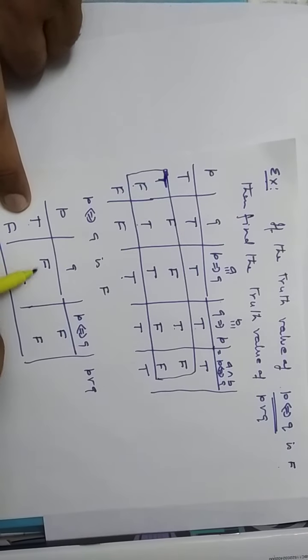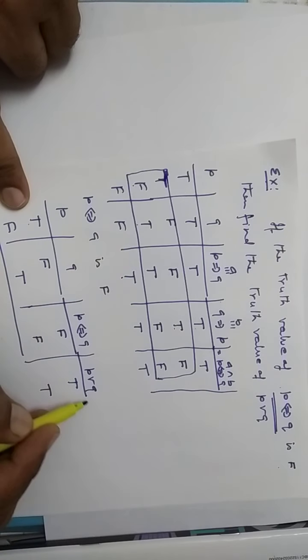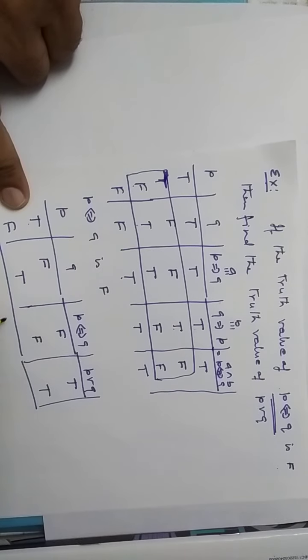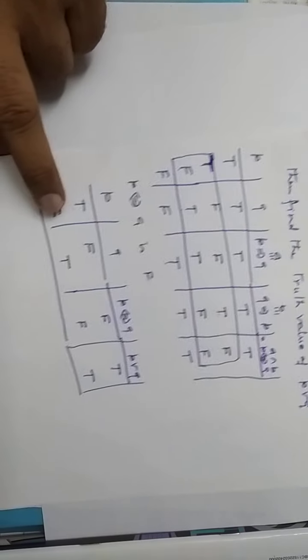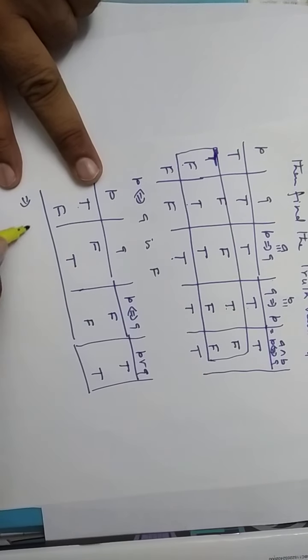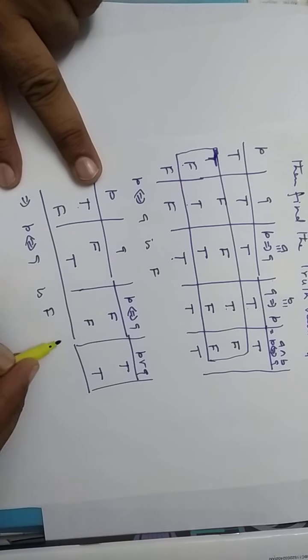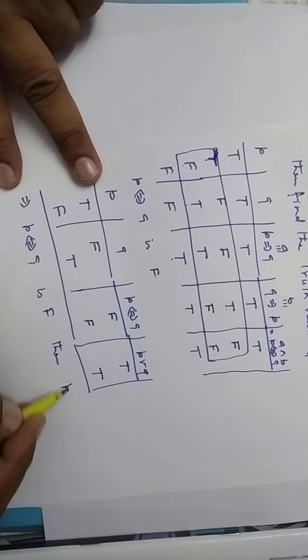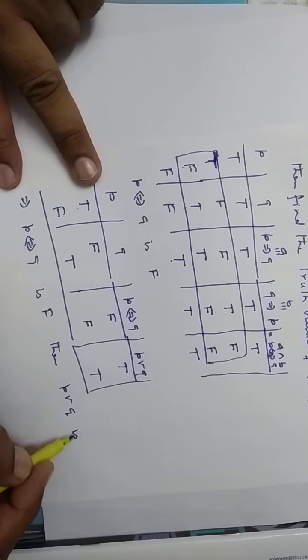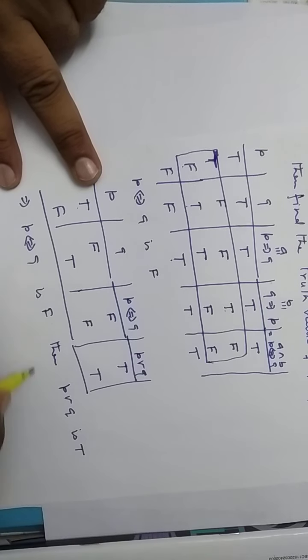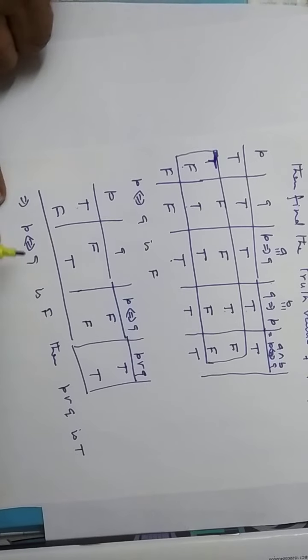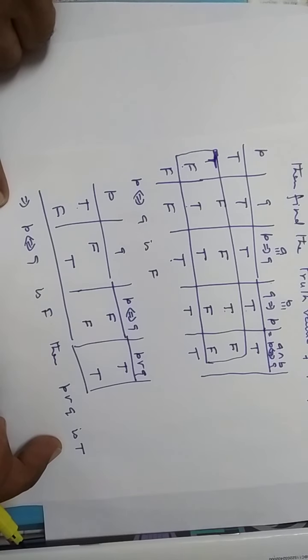P and Q is true, this is also true. So in that case P implies P is F, then P join Q is true, or we can say this is a tautology. When this is false, then it is a tautology.